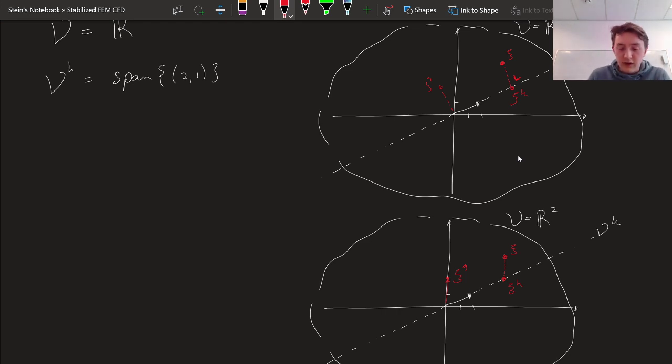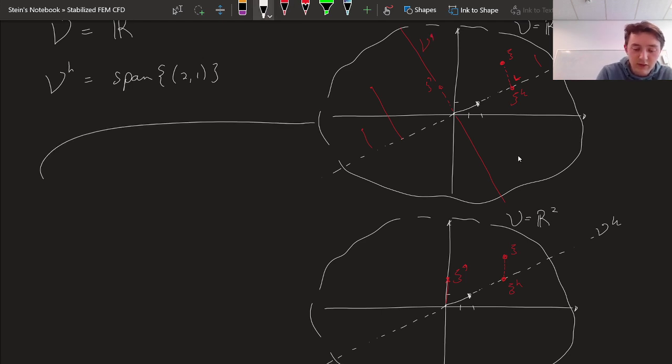So in the first case, whenever I take any point and I project it perpendicular onto that plane, my fine scales will always be perpendicular to the line 2, 1, which makes this the fine scale space.